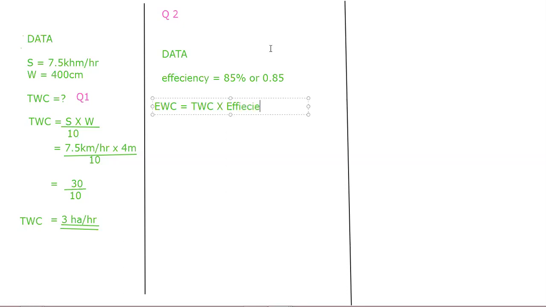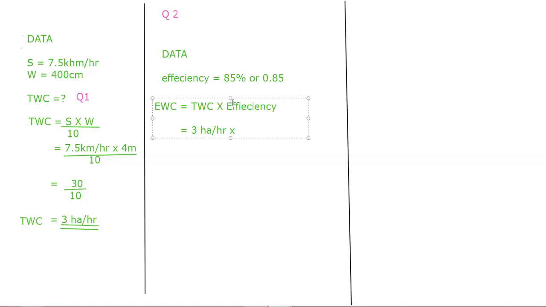The theoretical work we have already found, which is 3 hectares per hour. So where there's the theoretical work capacity, we're going to put 3 hectares per hour, times the efficiency.